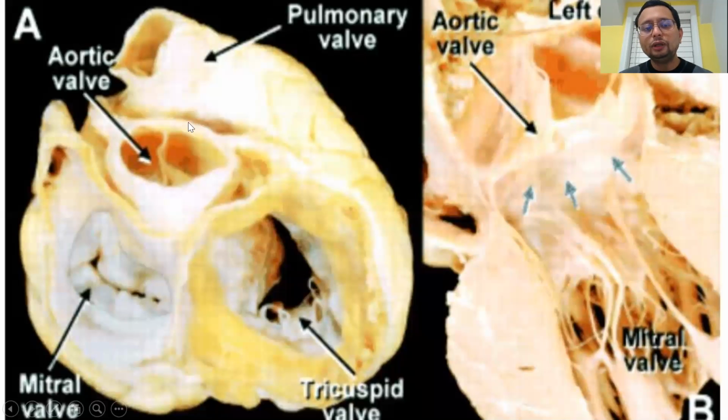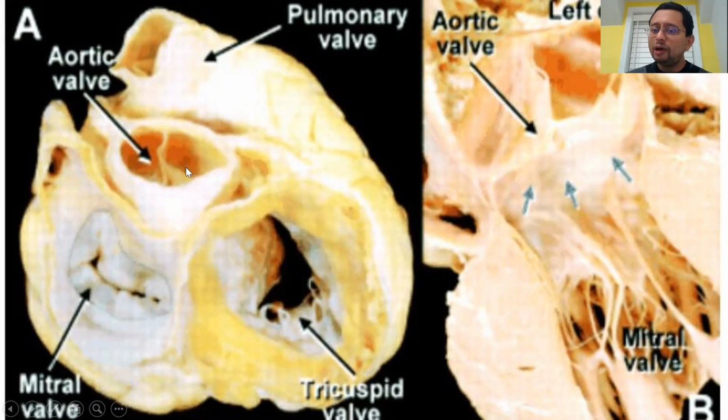The right coronary cusp gives rise to the right coronary artery, and the left coronary cusp gives rise to the left coronary artery. The aortic valve is wedged between the mitral valve and the tricuspid valve. So the mitral valve has two leaflets, the aortic valve has three leaflets.